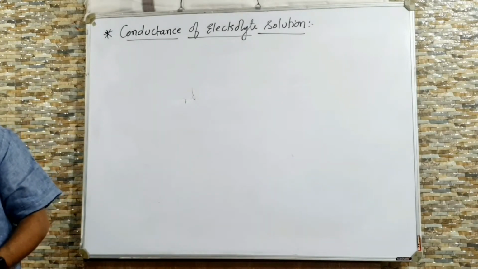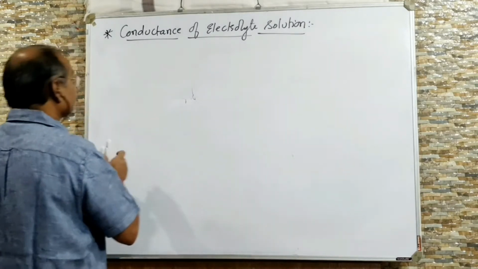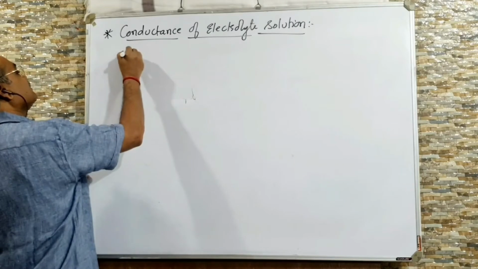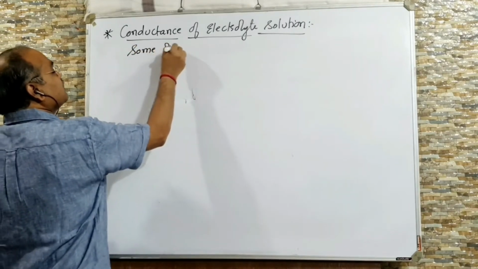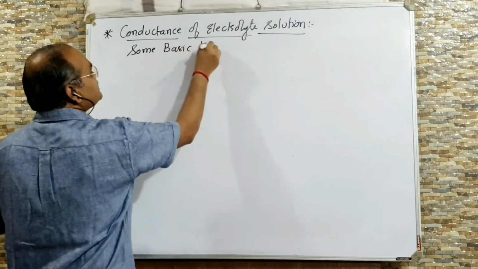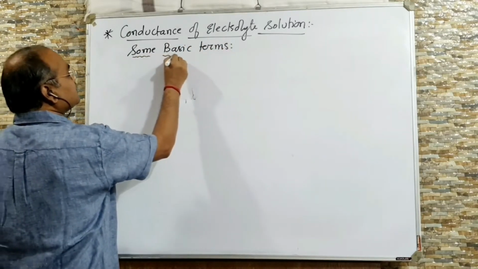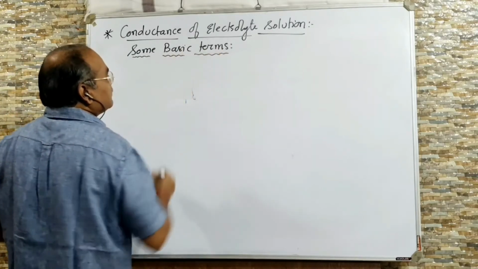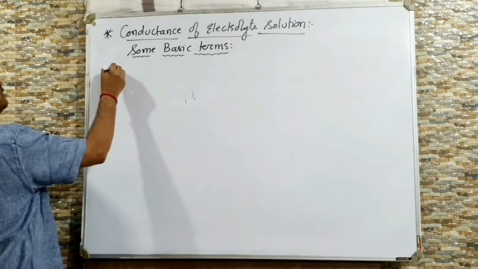But before going into detail about this, we are going to discuss some basic terms, which you might have studied in physics. Yeah, you are going to study in physics.